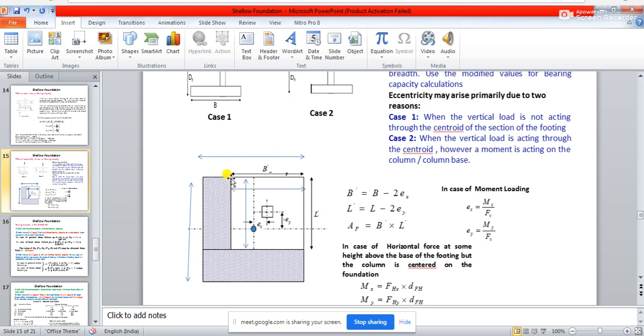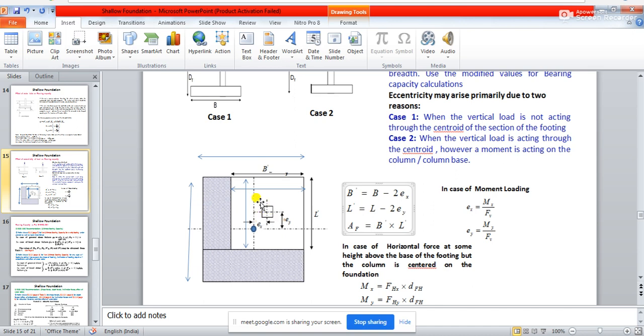That means the centroid of b dash and L dash should coincide with the centroid of this column, and if you calculate mathematically, you will have to subtract twice the amount of Ex. Otherwise, if you only subtract Ex, this centroid will not match the column centroid.